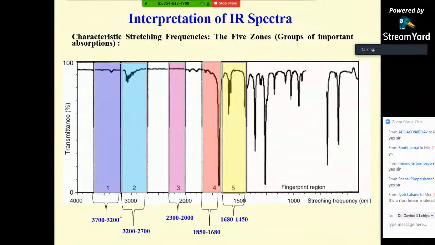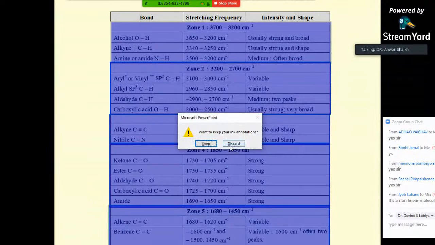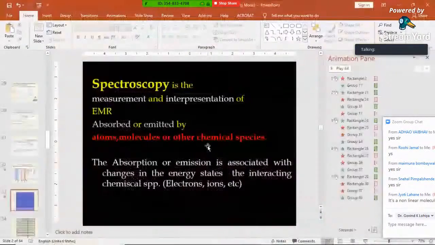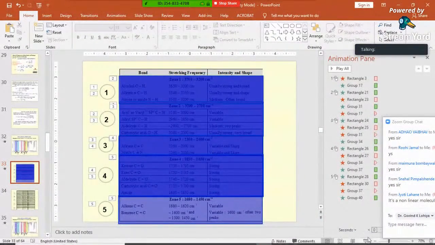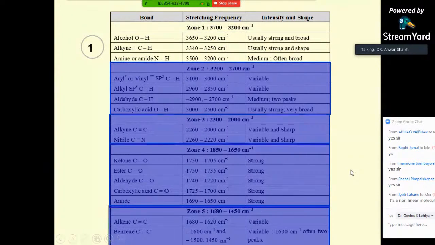I will repeat: what does zone 1 comprise? Zone 1 comprises all the bands of alcohol, alkyne CH, and amines.